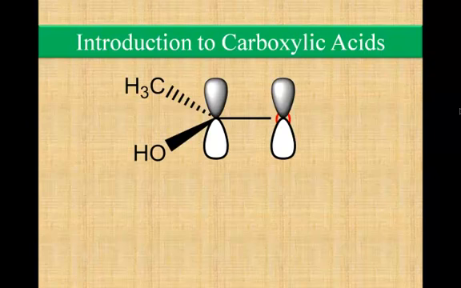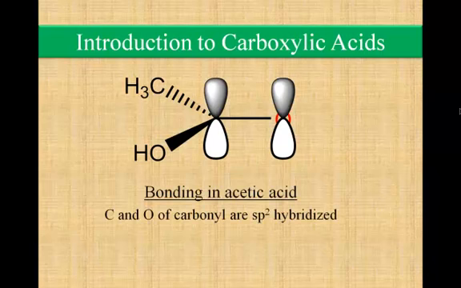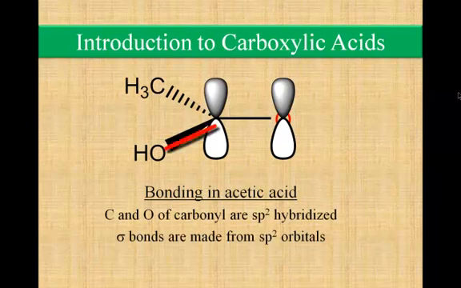Let's review what we know about the bonding in carboxylic acids, and let's look at acetic acid in particular. Our carbon and our oxygen of our carbonyl group, you may recall, are sp2 hybridized. Our carbon has 3 sigma bonds, here, here, and here.